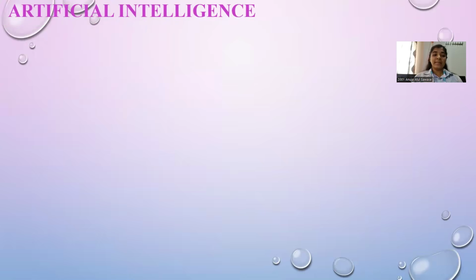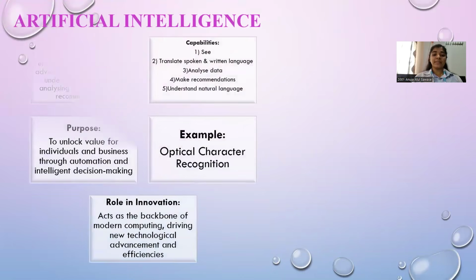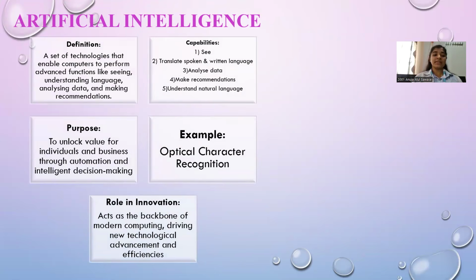Then the next slide is artificial intelligence. The definition is a set of technologies that enable computers to perform advanced functions like seeing, understanding language, analyzing data, and making recommendations. Then the purpose of artificial intelligence is to unlock value for individuals and businesses through automation and intelligent decision making.